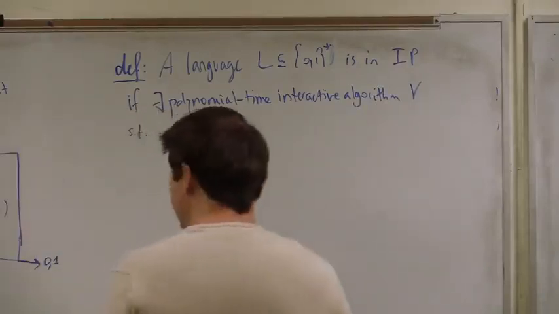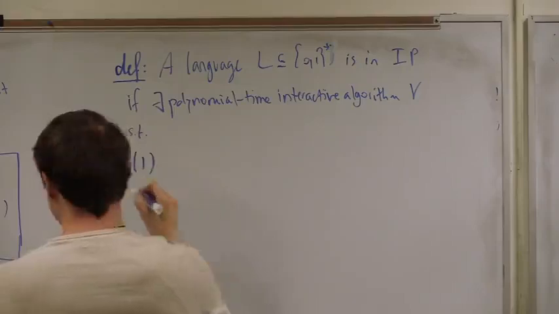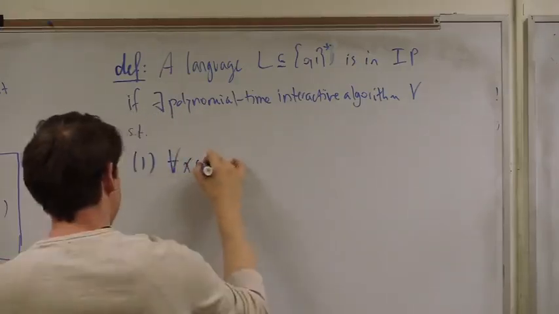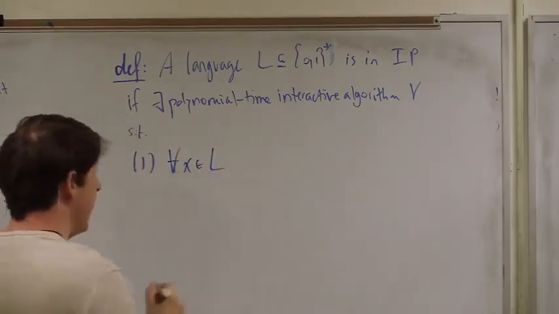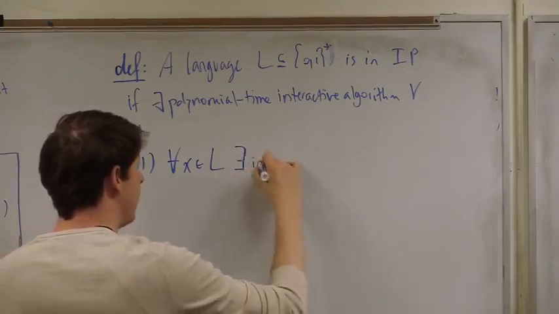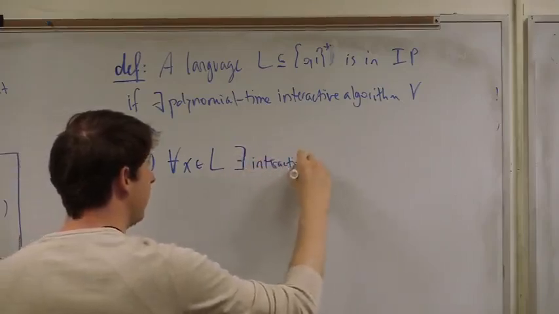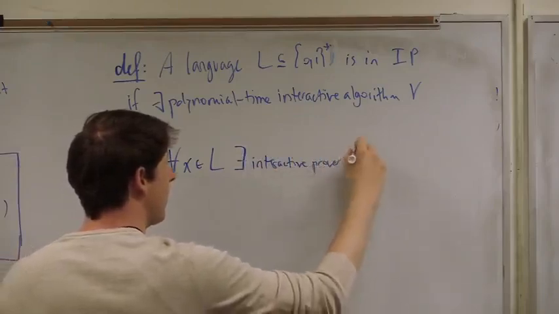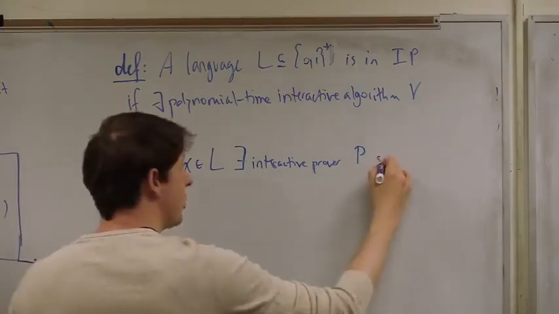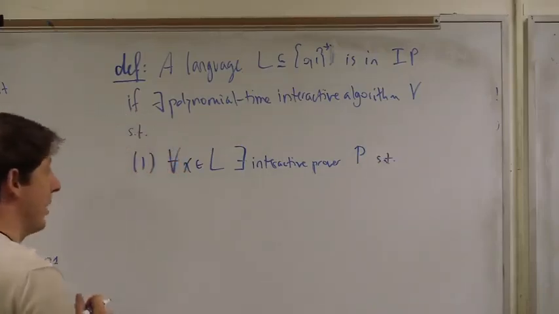such that, well, we can try to do this by analogy with NP. In the good case, for every x in L, we're going to say there exists not a non-interactive proof, but an interactive prover, P, such that it makes the verifier accept in a conversation.